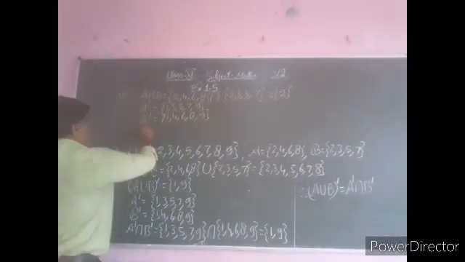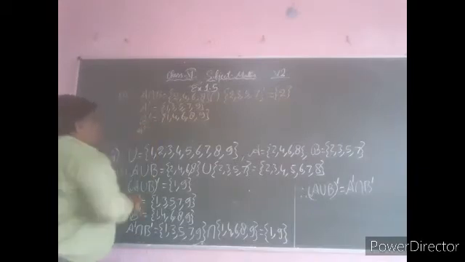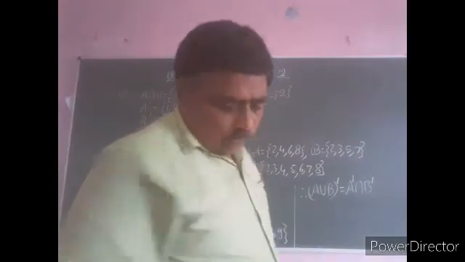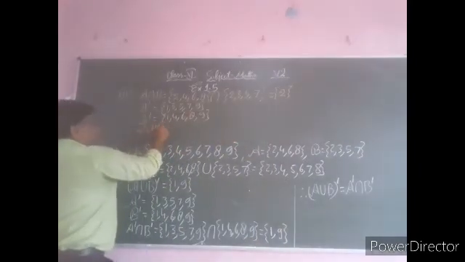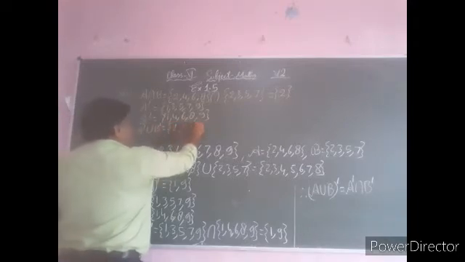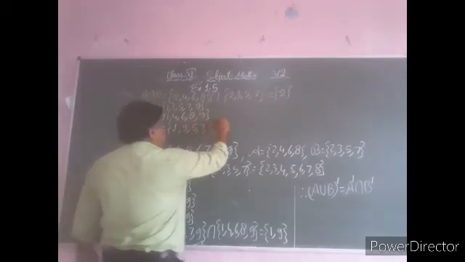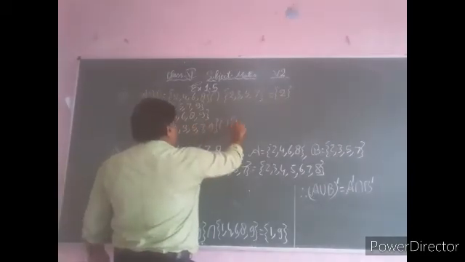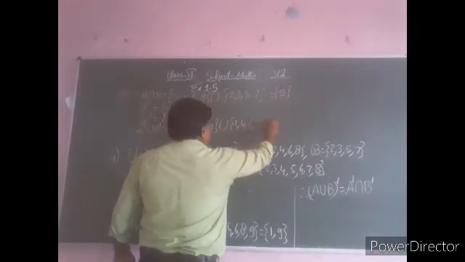So A complement union B complement is 1, 3, 5, 7, 9 union 1, 4, 6, 8, 9.